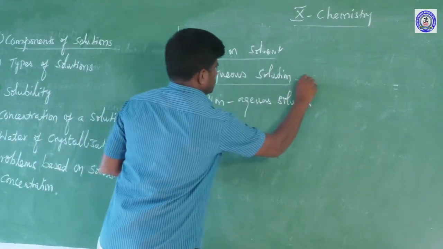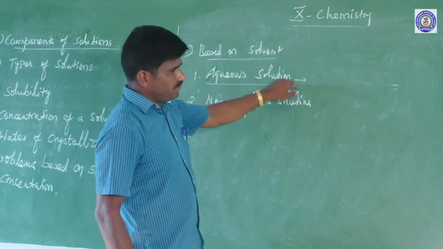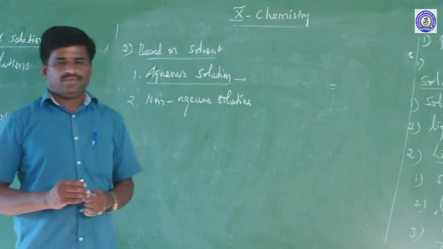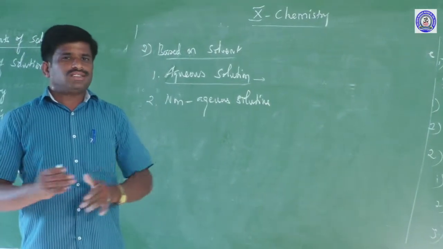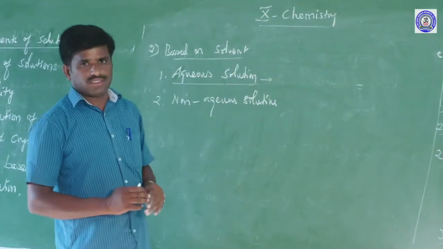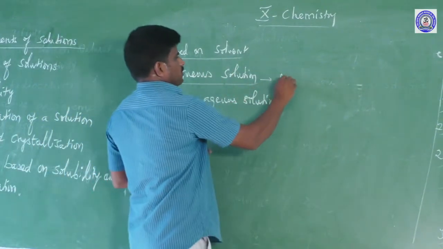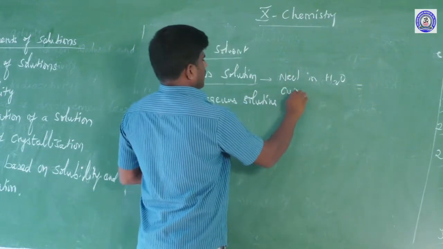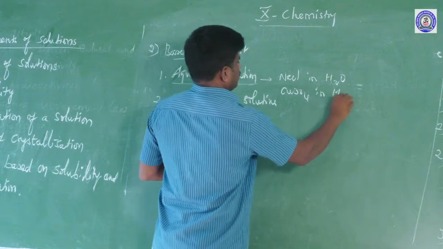An aqueous solution is a solution in which water acts as the solvent. Whatever the solution being made, if water is used as the solvent for making it, such a solution is called an aqueous solution. We take sodium chloride in water and copper sulfate, a salt, in water.